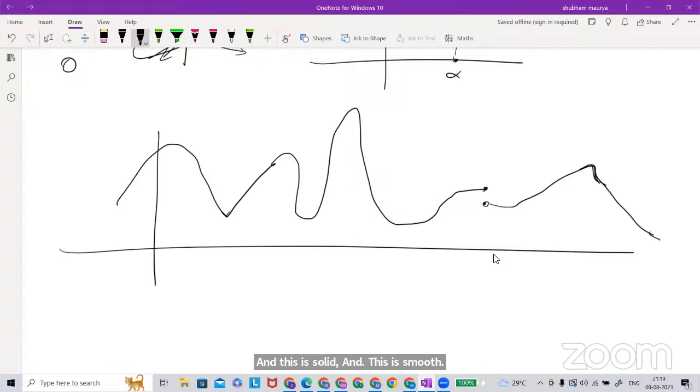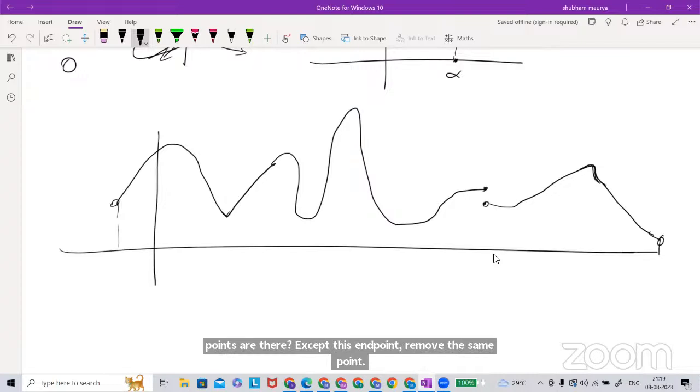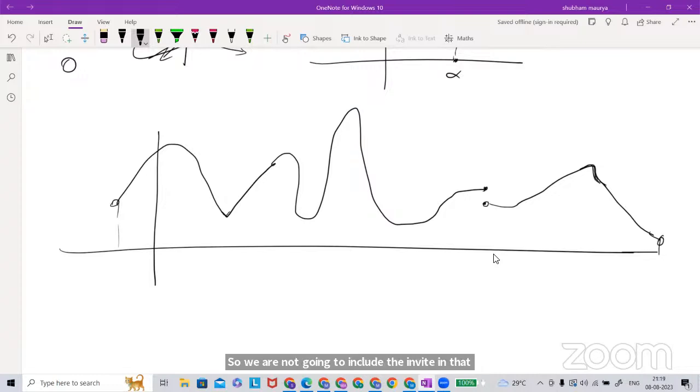In this interval, can you tell me how many critical points are there? Except this endpoint, remove this endpoint. We are not going to include the endpoint in that case. How many critical points are going to be there?